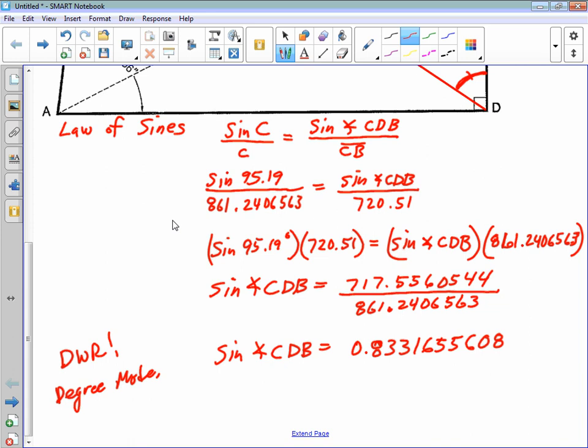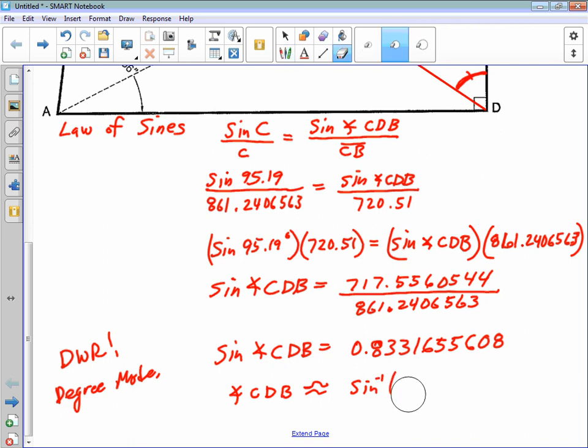So then you can go angle CDB equals approximately the arc sine of, and then to get that answer in here, clean that up a little bit, just go second, and then it's the minus key, which is answer, second answer.